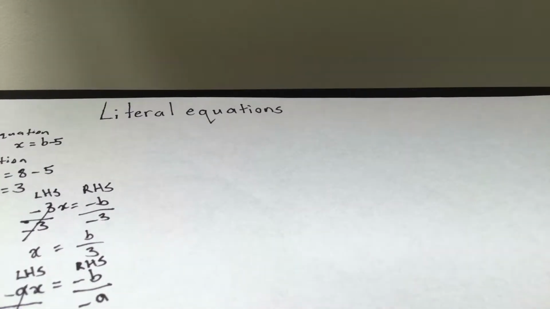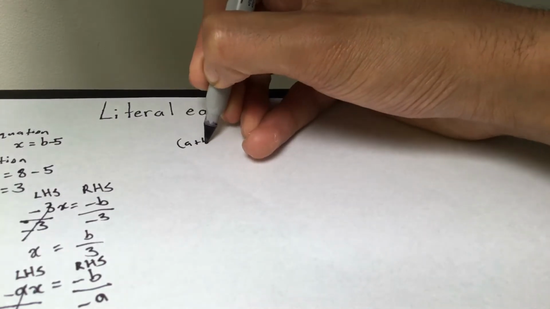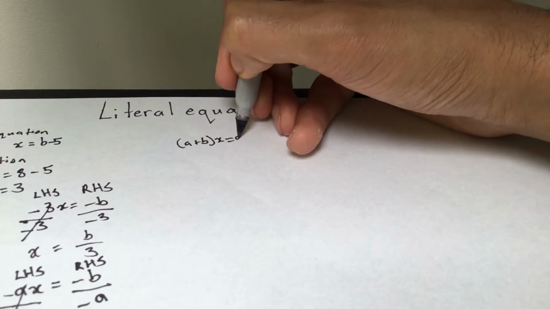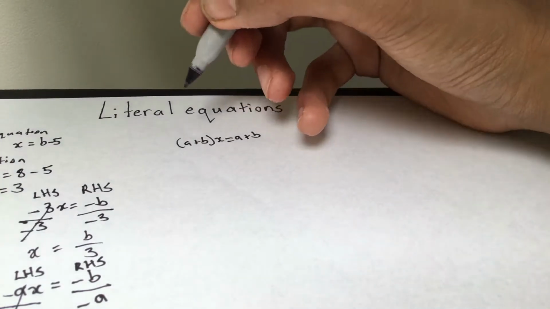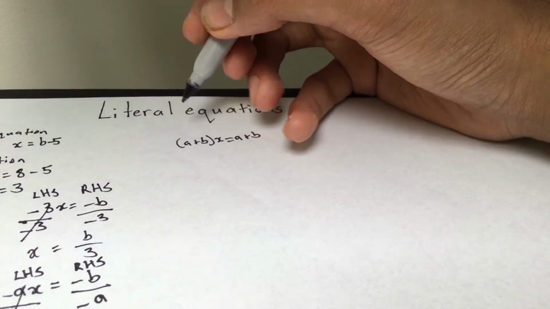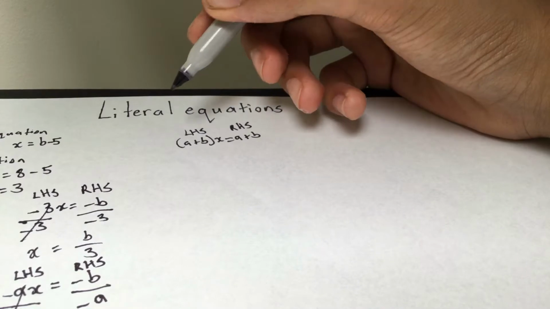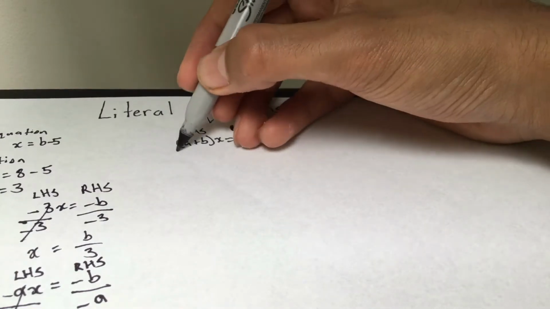Now let's do (a plus b)x is equal to a plus b. First of all, we have an a plus b on the left-hand side, so we need to get rid of it.